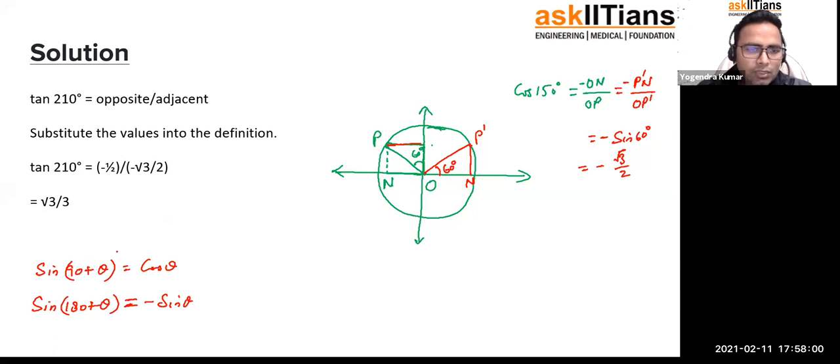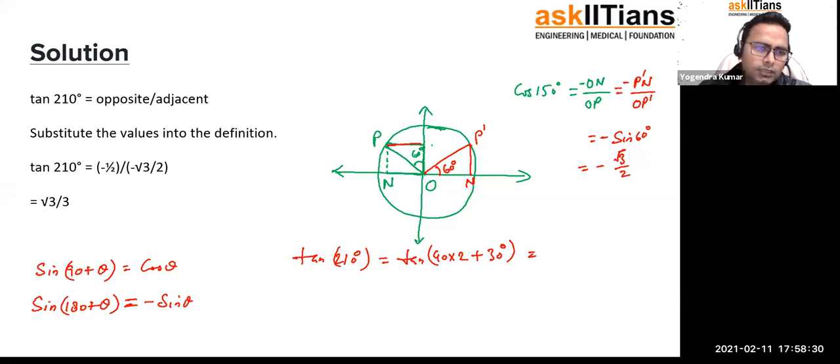So what we do actually, whatever angle is given to us, we will break down that angle into a multiple of 90 plus theta, plus whatever is the remainder angle. If I was having tan 210 degree, what we do here is break down this angle: tan of 90 into 2 plus 30 degree.